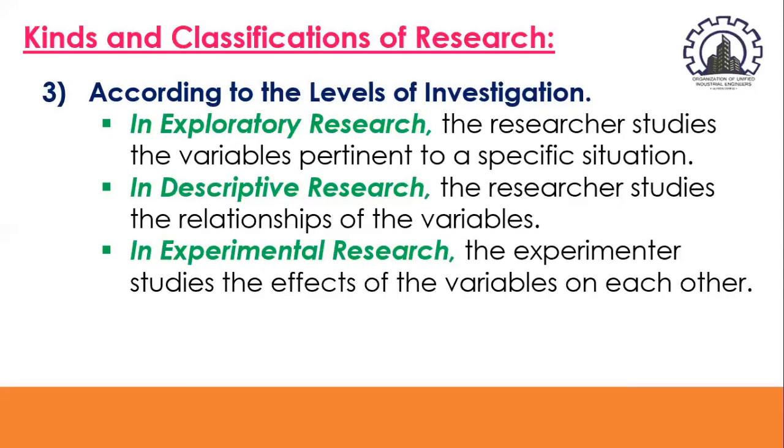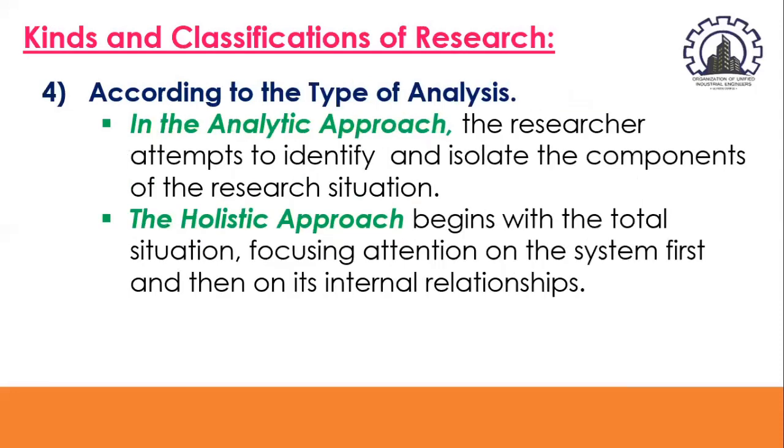Okay, so for the next kind of research, we have according to the type of analysis, and this is classified into analytic approach and holistic approach. In the analytic approach, the researcher attempts to identify and isolate the components of the research situation.